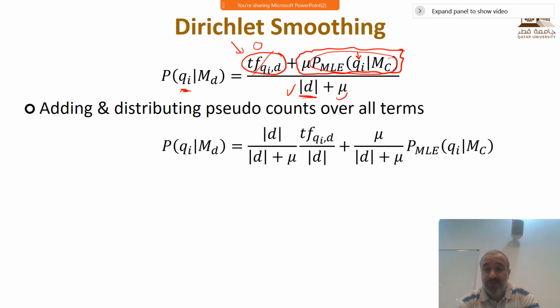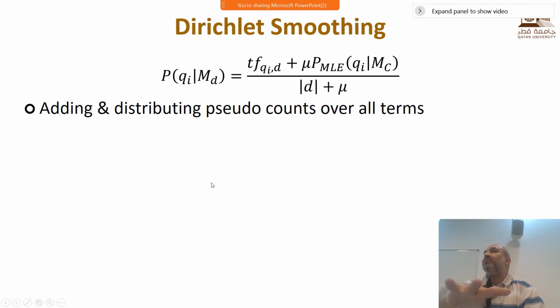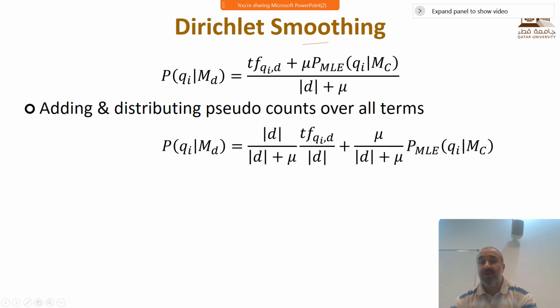Okay, so if we distribute, do you have any question first before we continue? Right. If we look at this formula and we just distribute the two factors in the numerator apart, okay, so we'll have TF over the length of the document plus mu.